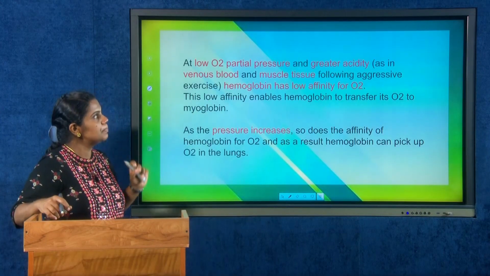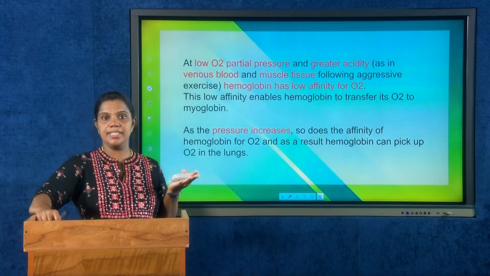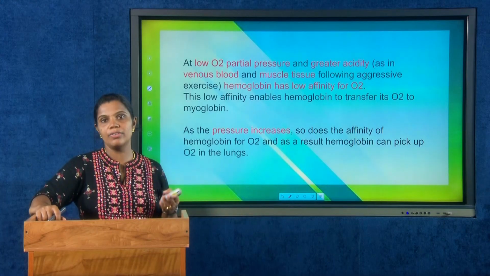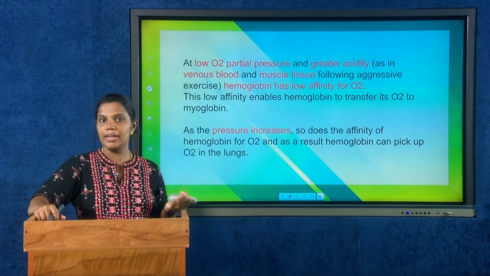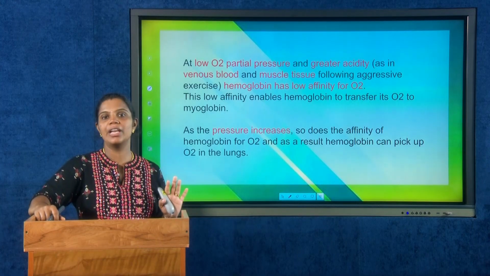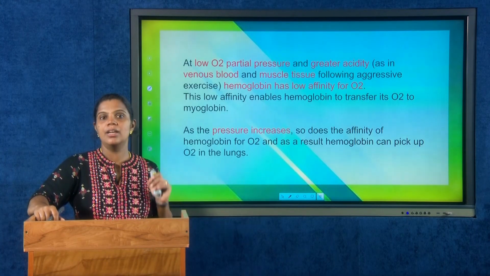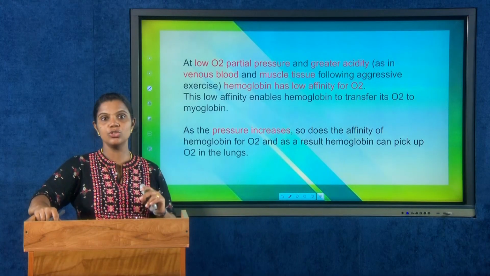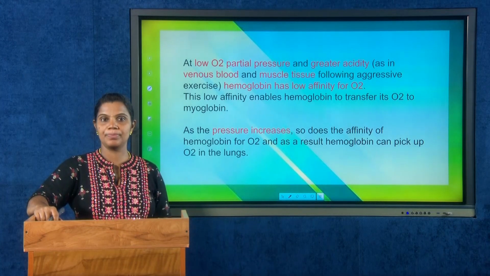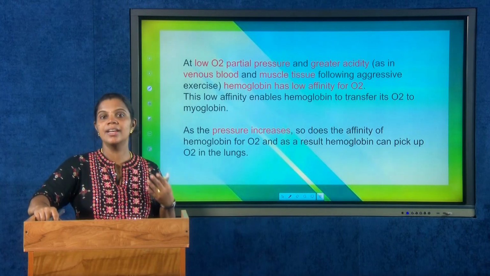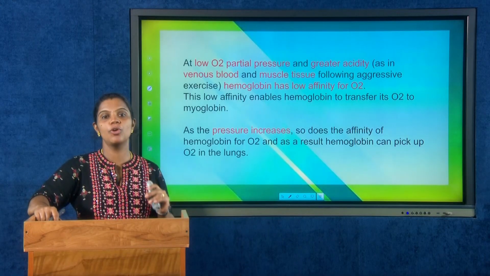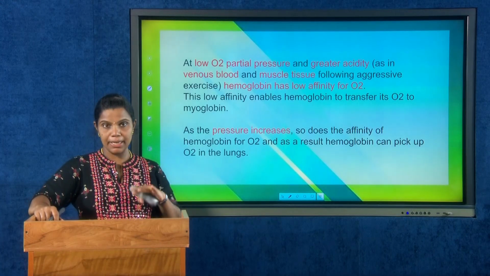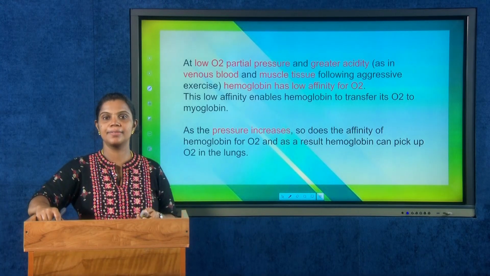At low partial pressure and greater acidity, like in the venous blood or our muscle tissue after rigorous exercise, the hemoglobin will have low affinity to oxygen. This low affinity enables hemoglobin to transfer its oxygen to the muscles, that is to the myoglobin. As the pressure increases, so does the affinity of hemoglobin for oxygen, and as a result, hemoglobin can pick up oxygen in the lungs.